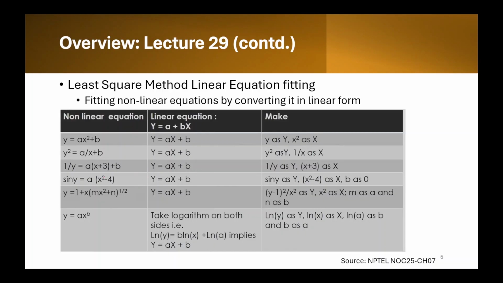One more here is y is equal to a into x to the power b. So you take logarithm on both sides so as to remove this multiplication as well as the power. So ln y is equal to b ln x plus ln a.